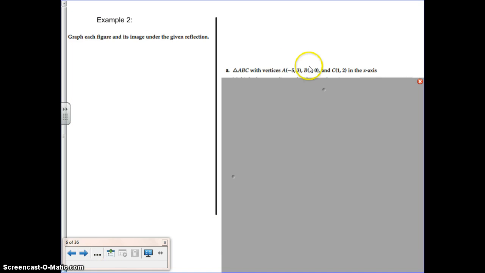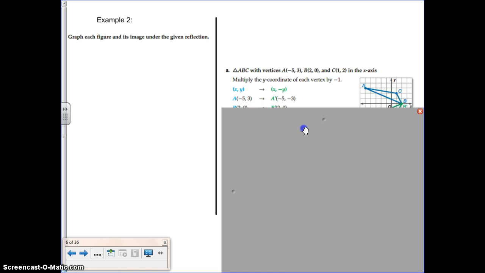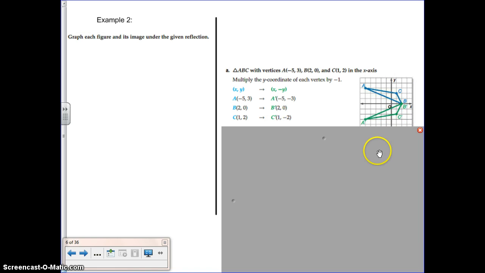So what I would recommend is just rewriting A prime, B prime, and C prime, multiplying the y by -1 to first see what it's going to look like. And you should have these points written out. And it does look like our image is actually reflected over the x-axis.